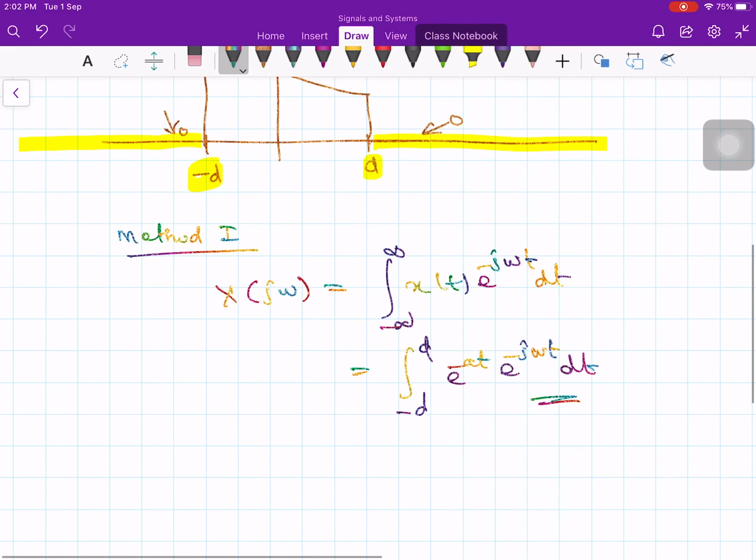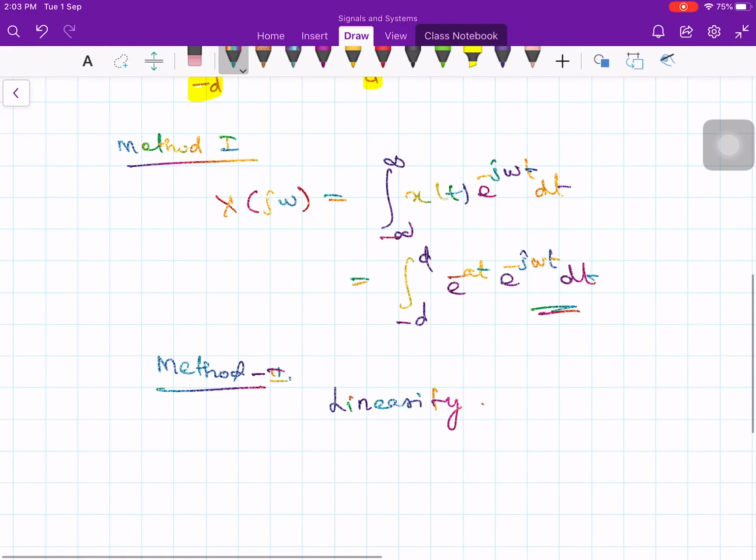Now alternatively we can make use of the properties of the linearity of the Fourier transform as well as the time shift property, which we have discussed in the last lecture. So here we will use linearity and then the time delay property.